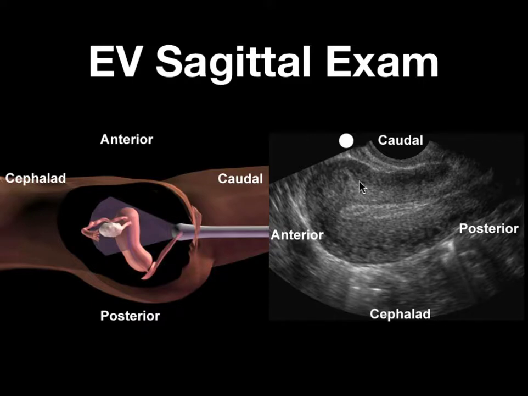Now you can see that you get much better resolution here with the endovaginal exam as opposed to the transabdominal exam. However, these exams should not be used in exclusion of each other. They should be used together.